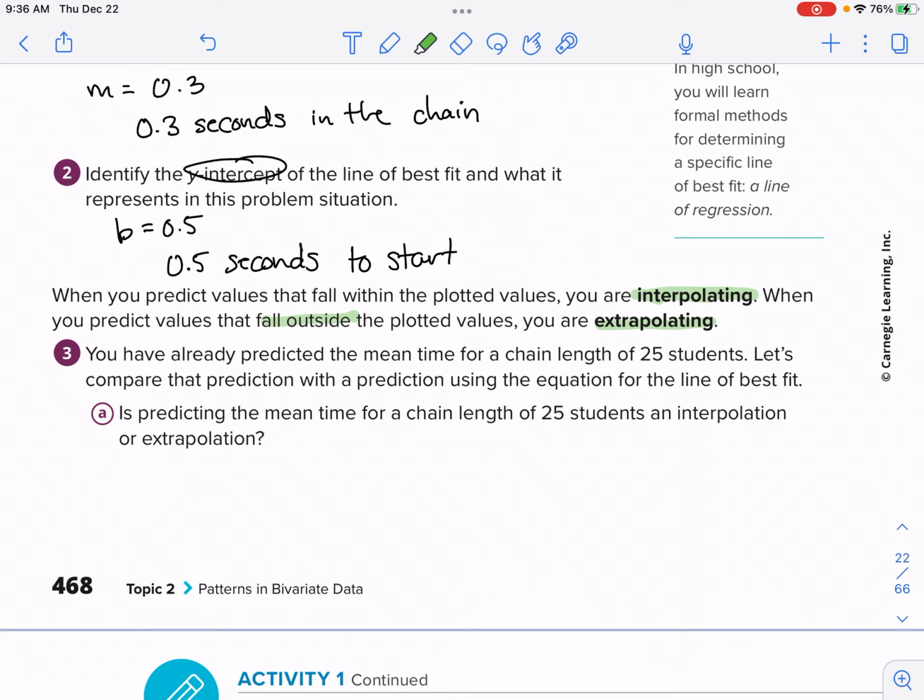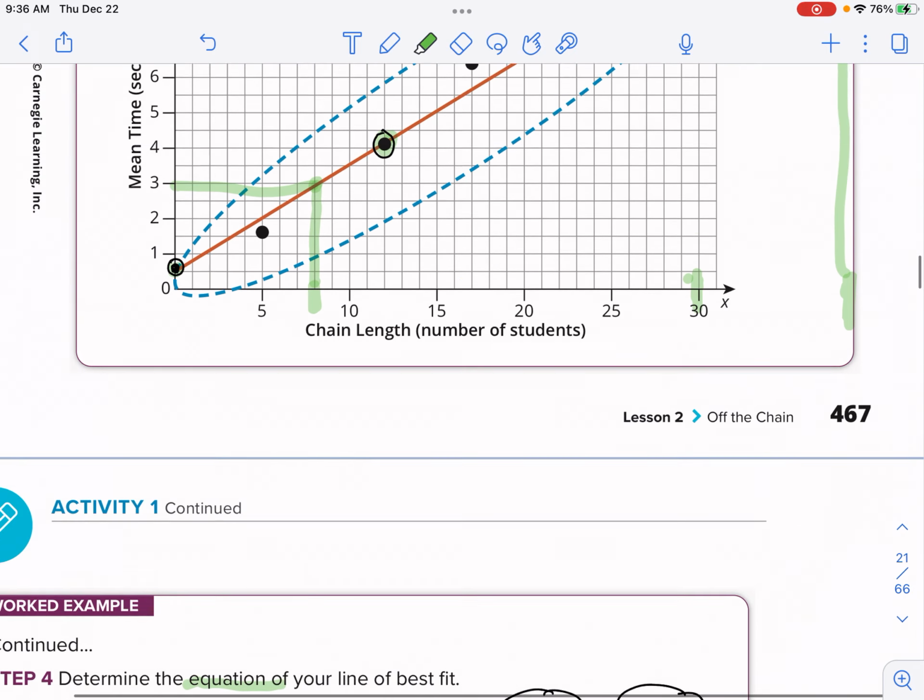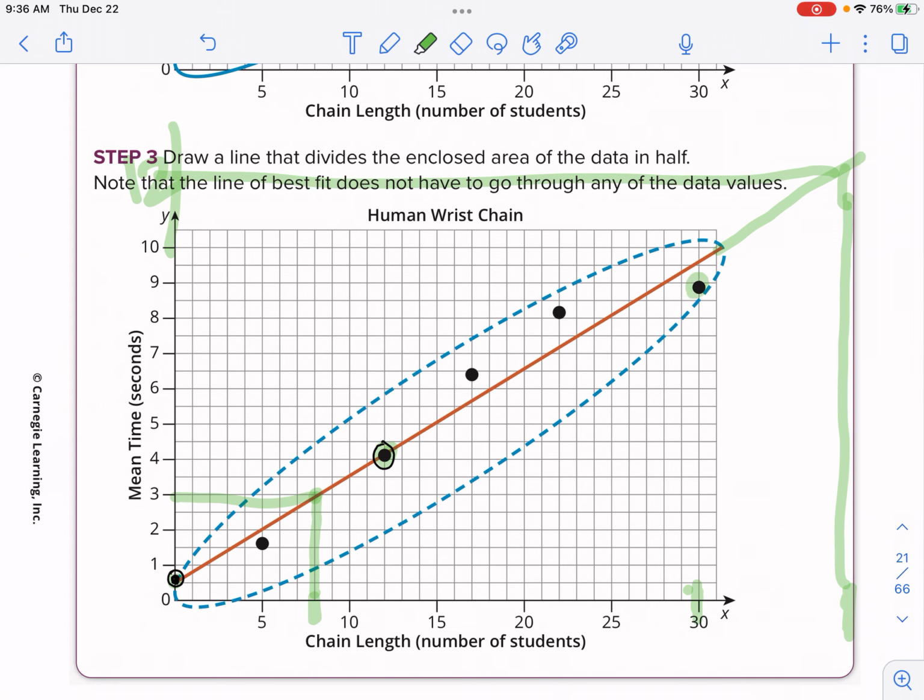But we're going to make the prediction with varying values. So number 3, if you have already predicted the mean time for a chain length of 25 students, let's compare the prediction with the prediction using the equation of the line. And we'll be using an equation or a calculator for this. Is predicting the mean time for a chain length of 25 students an interpolation or extrapolation? Since we have this, which is 30 students, and we have this, which is 22 students, 25 is somewhere right here.